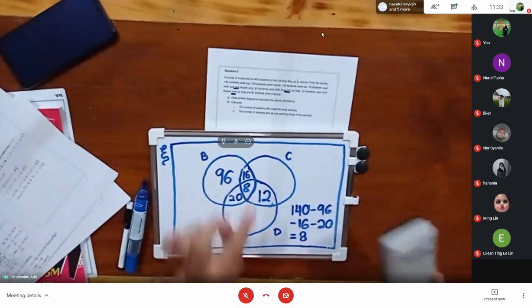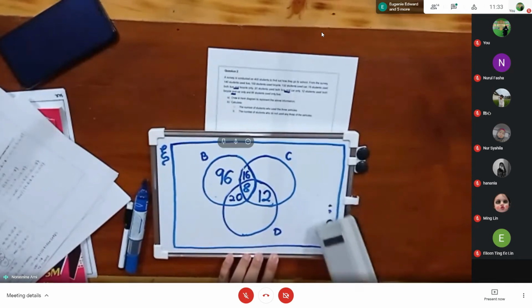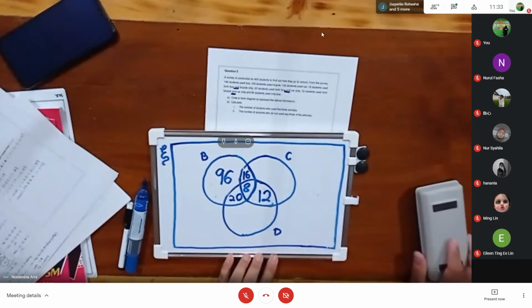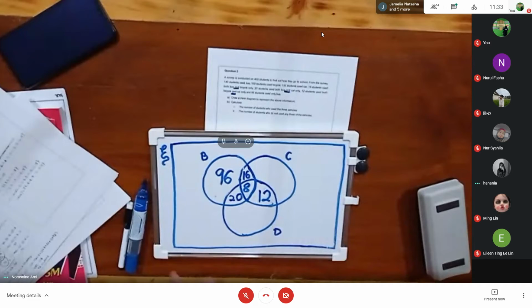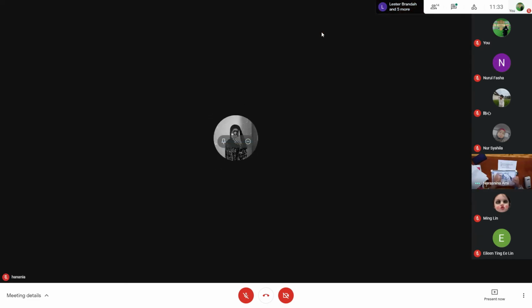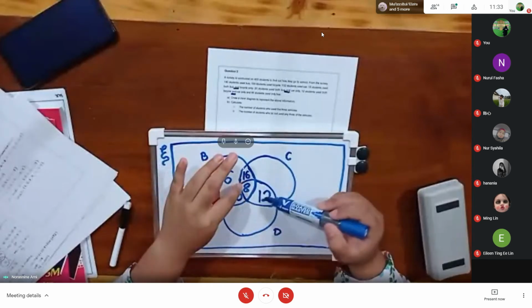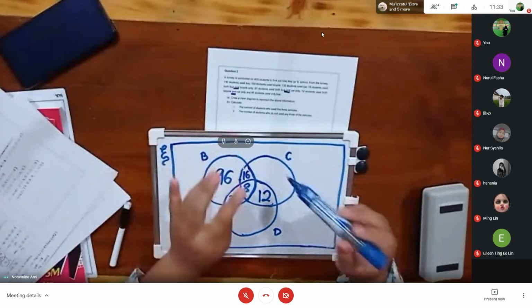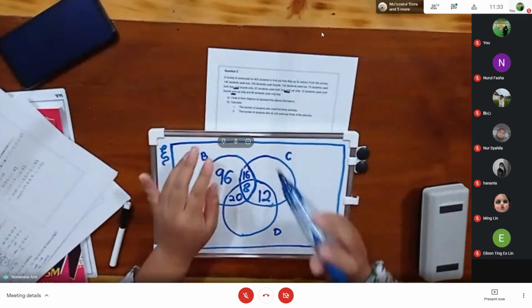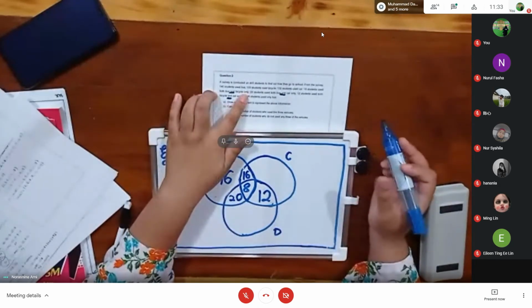Now we determine the ones who use bicycle only. How do you do that? We need to minus the intersection parts from the total number of students, so that we can find the number of students who use bicycle only.